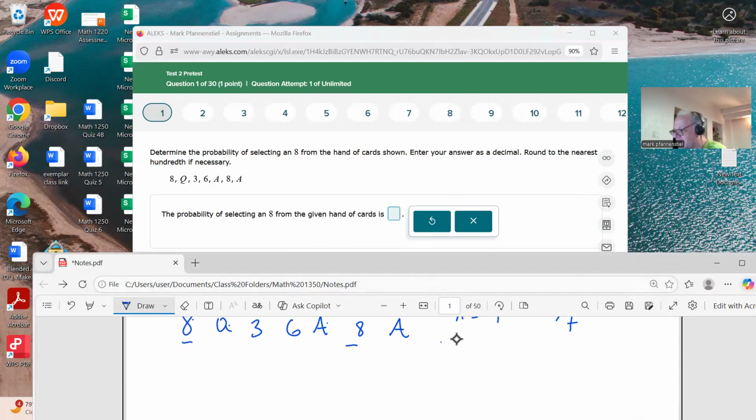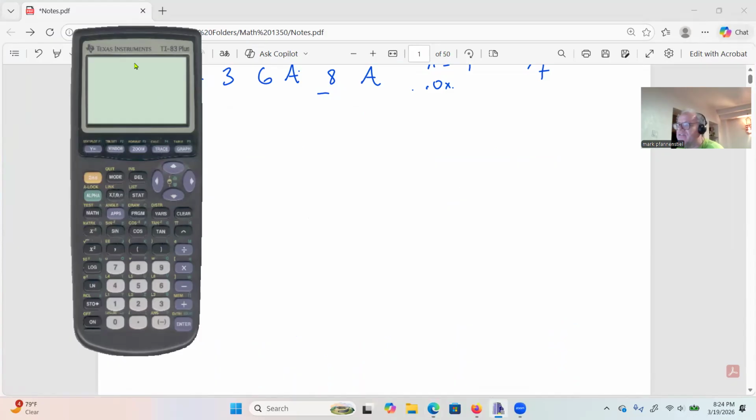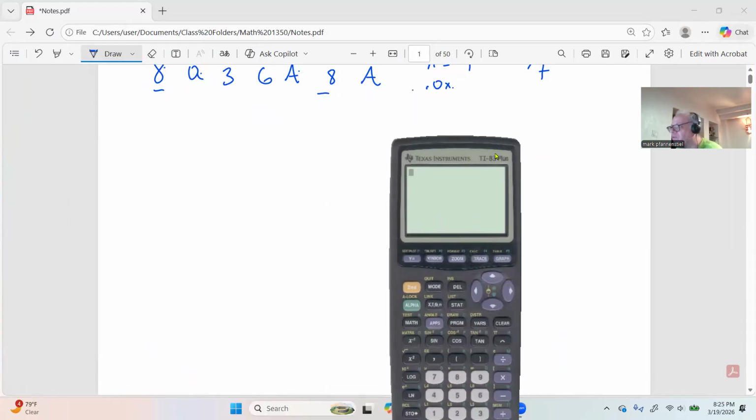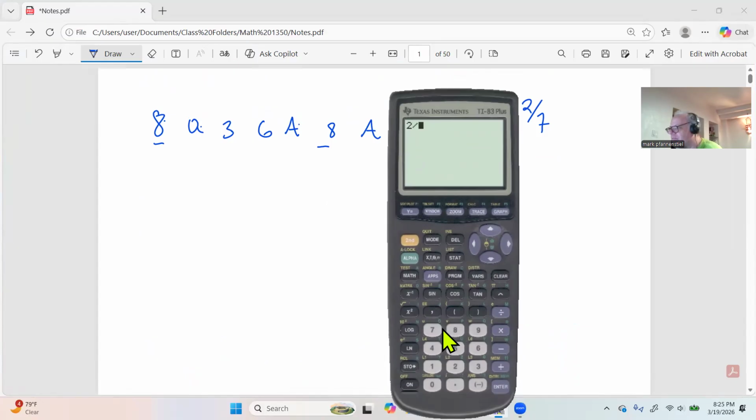So we need to go to the 0.0x kind of a problem here. All right, so the calculator that I have is this guy right here, mostly because I can show it to the whole screen. Okay, so we're just going to say we have 2 divided by 7 equals, and I'd say, okay, to the nearest hundredth, this is 0.2857.